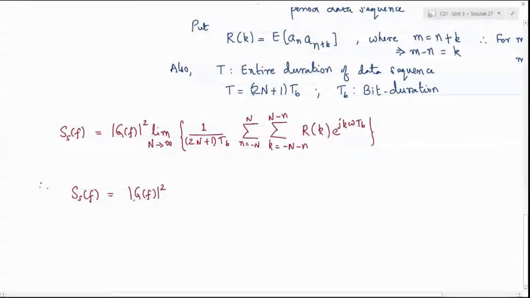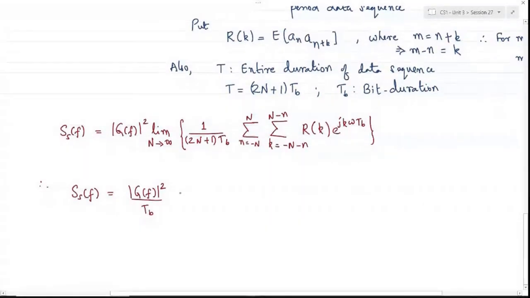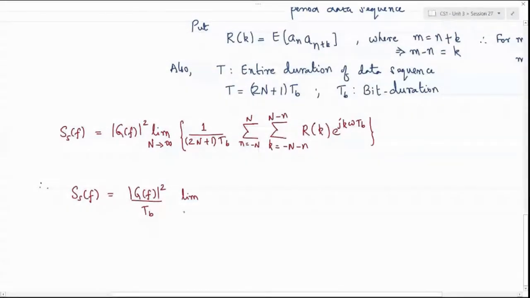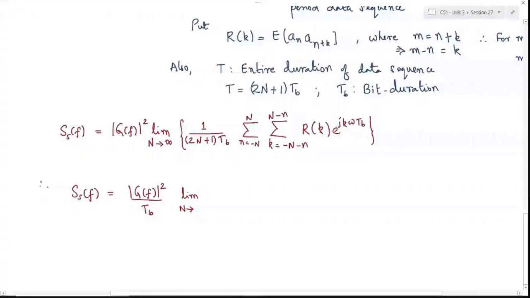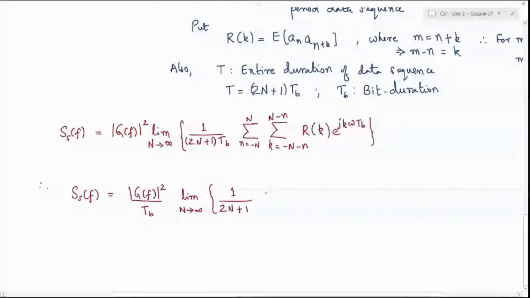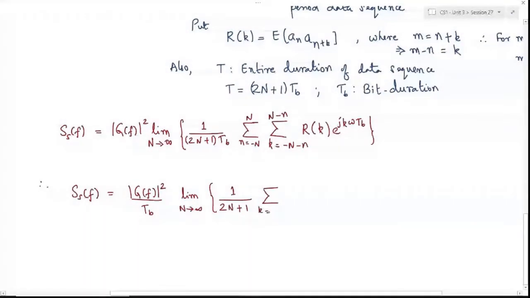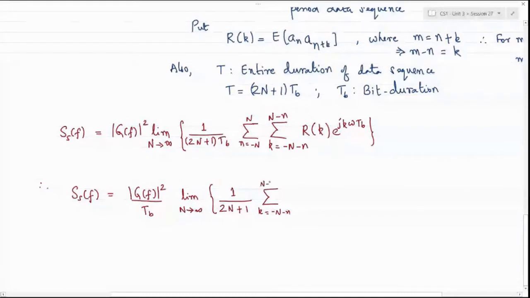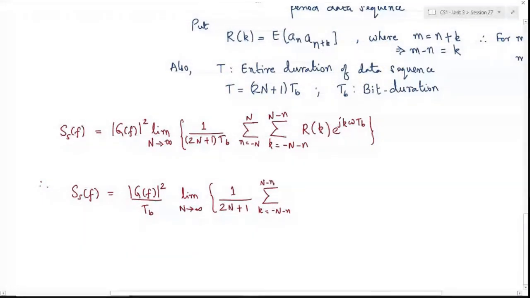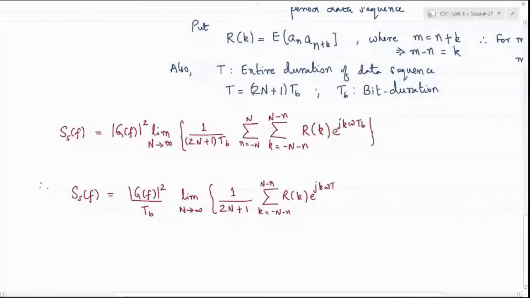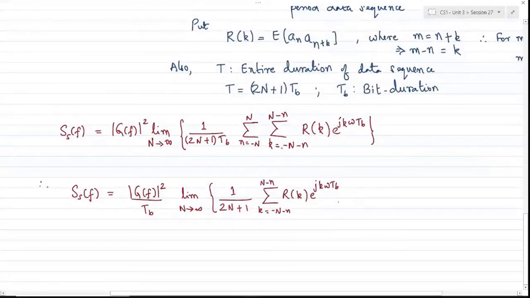I'll take T_B, which is independent of n, outside, and in the limit N tends to infinity, 1 over 2N plus 1, the sum over k from minus N minus n to N minus n of R of k e power j k omega T_B. There is no quantity depending on small n here.